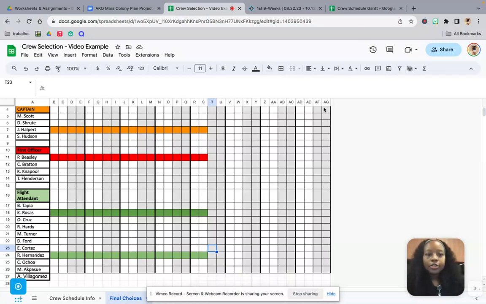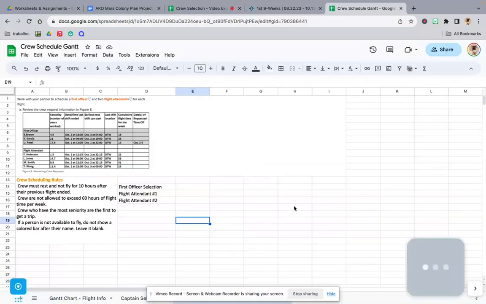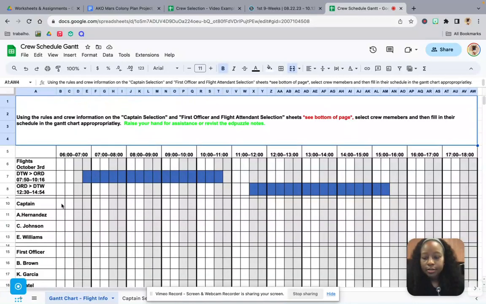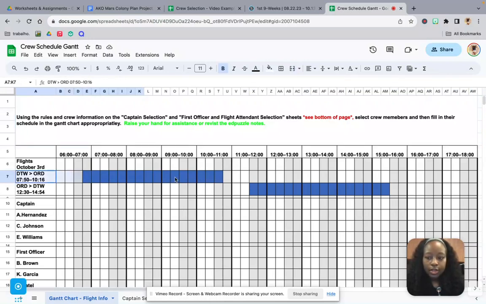All right. So now you're going to work on the same thing. Yours is crew schedule Gantt. So you have flight information. So your flight info is here. Y'all are leaving. It looks like the shift is going to be from 6:45 to 10:45, your first flight.